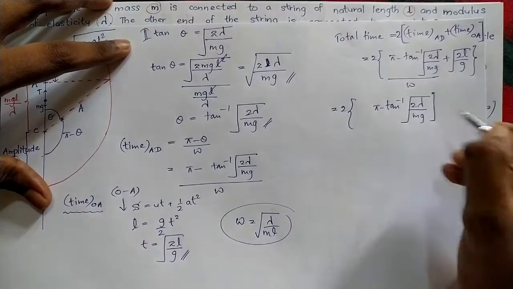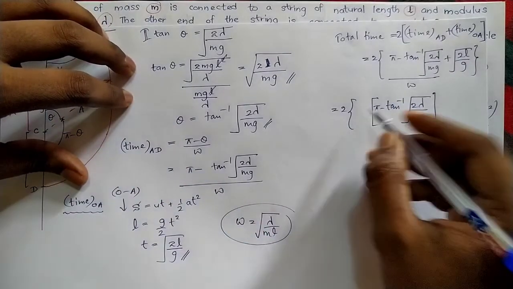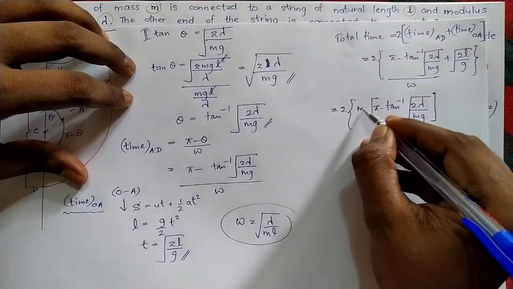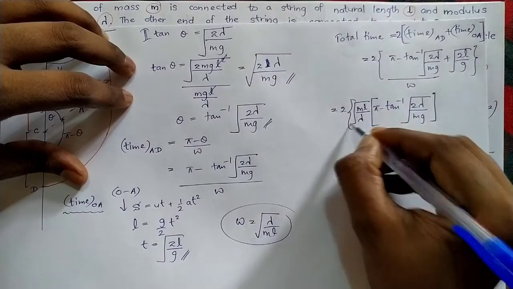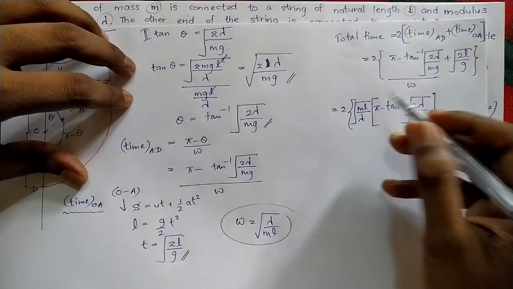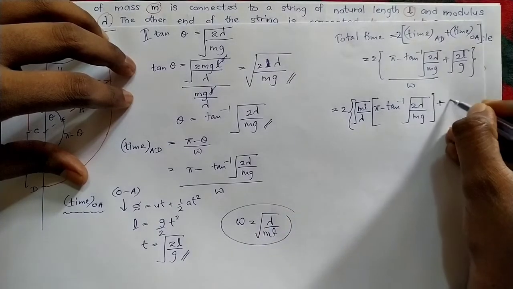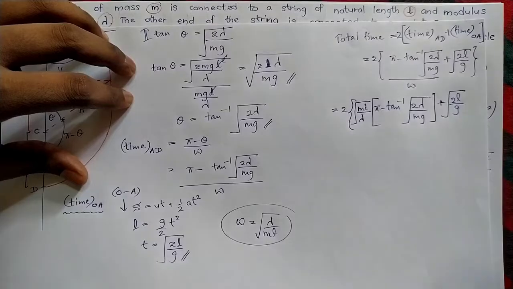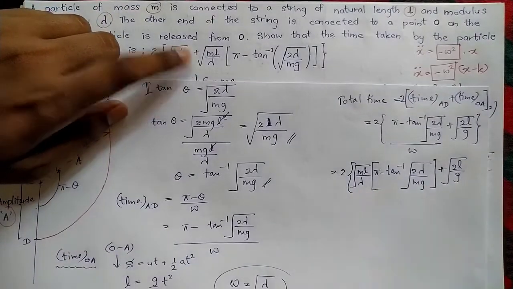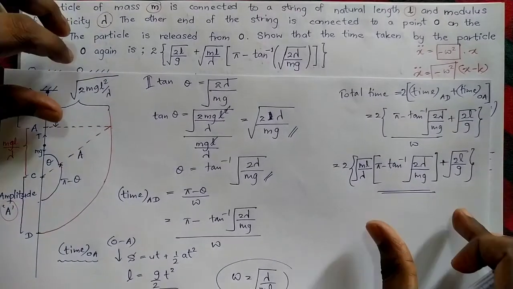Since our omega is in the denominator, when I write omega in the numerator we have to take the reciprocal. Then this becomes the square root of ml over lambda. Because omega is in the denominator, if I am going to write that in the numerator, I have to take the reciprocal of this fraction. Here we have 2L over g. Is that the answer we have? 2L over g? Yes. This is the expression that we want to show.